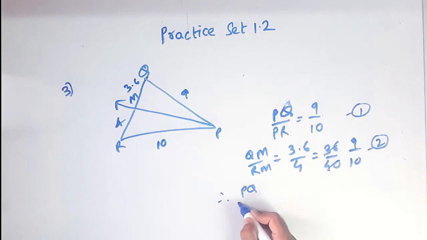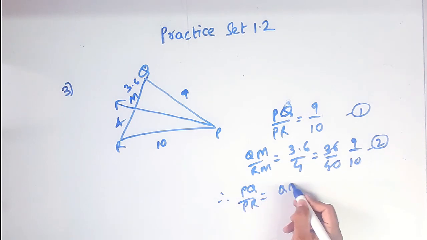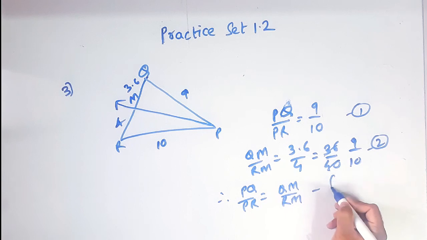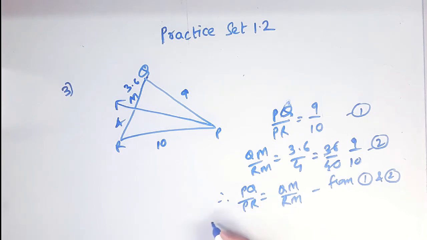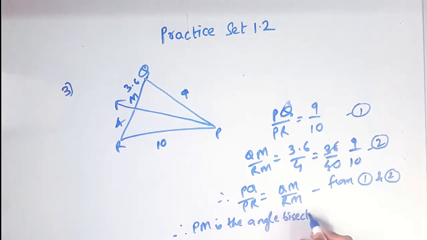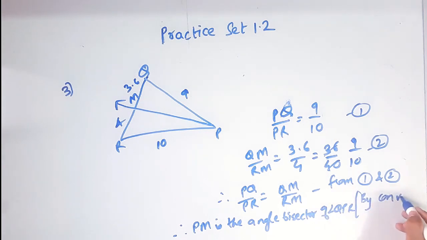Therefore I can write PQ upon PR equals QM upon RM. This is from 1 and 2. Both are 9 upon 10. Therefore, if these ratios are equal, I can write, therefore PM is the angle bisector of angle QPR. What is the reason? You will write by converse of angle bisector property.